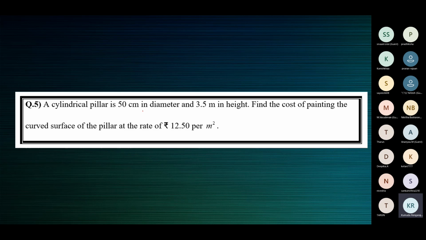So what do we do, children? How do we work this? What is to be found first? Using the radius and height, will you find the volume, or the curved surface area, or the total surface area?